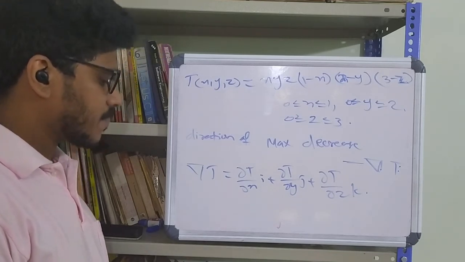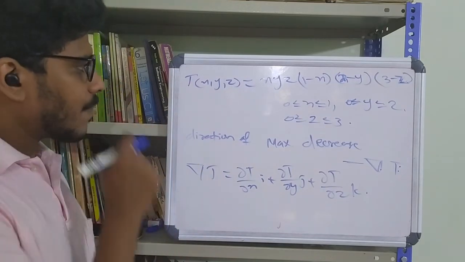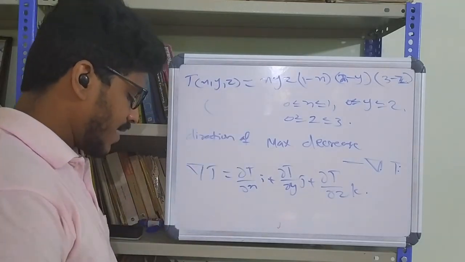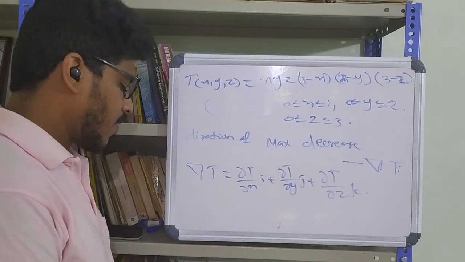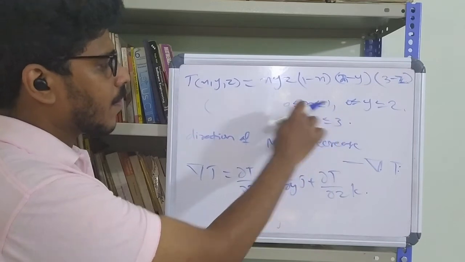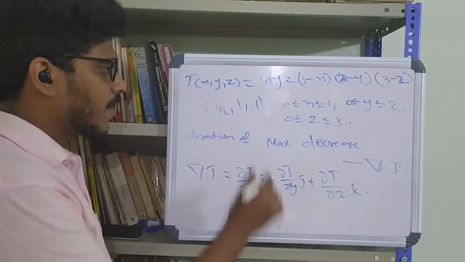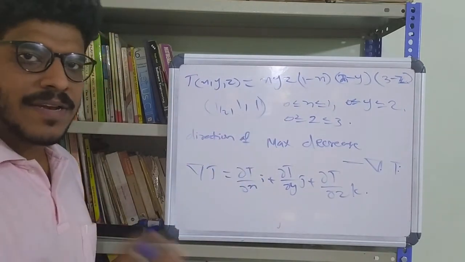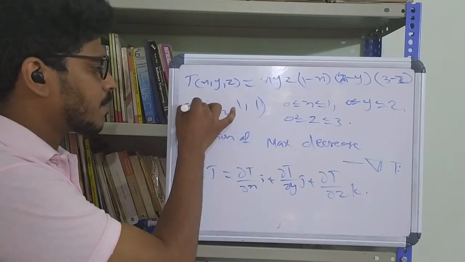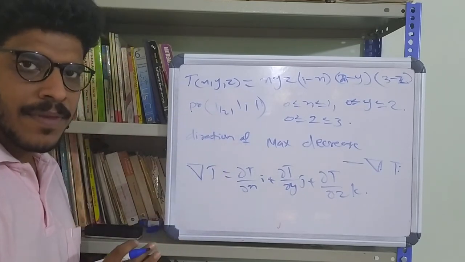Before moving any further, suppose the ant is sitting at the point (1/2, 1, 1). The ant starts moving from this point, so you are supposed to find the gradient at this point.